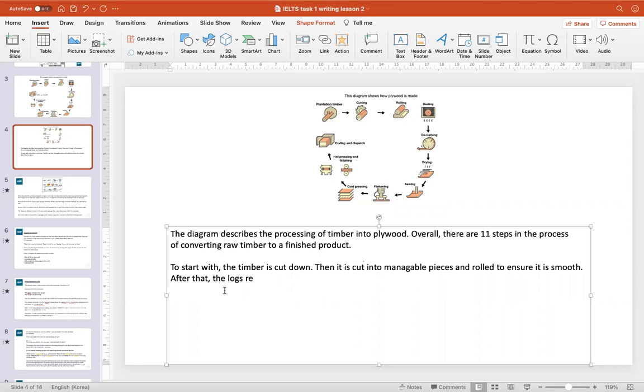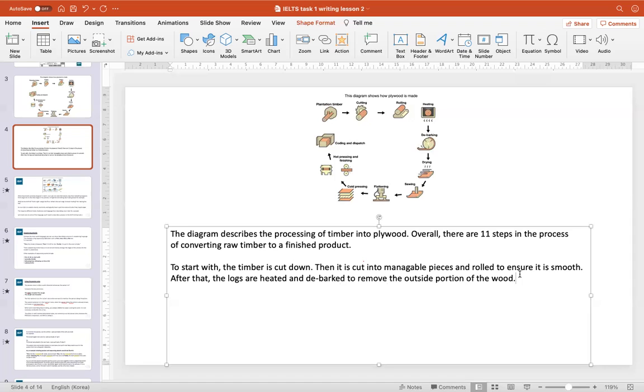The logs are heated and debarked to remove the outside portion of the wood, something like that, right? Yes. So remember, keep it in the passive. The logs are heated. The logs are debarked. The logs are cut. The logs are rolled. Everything in the passive voice.